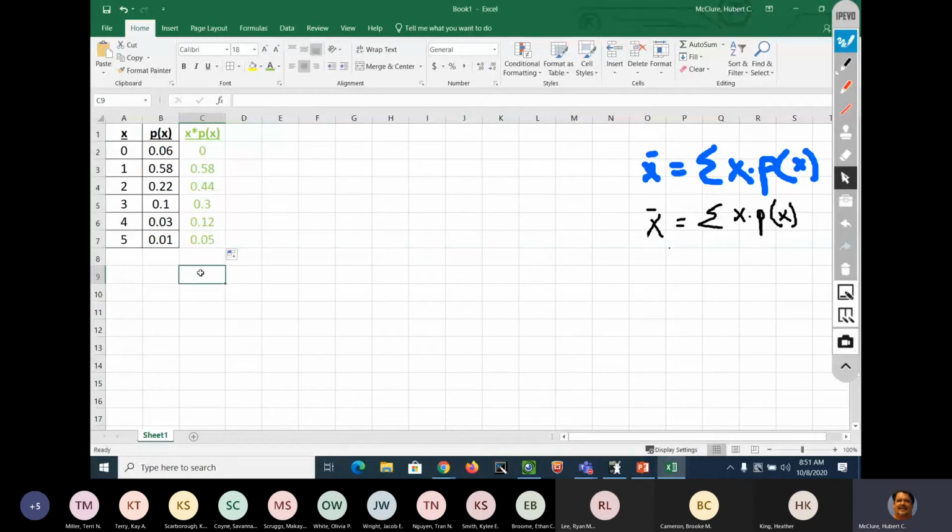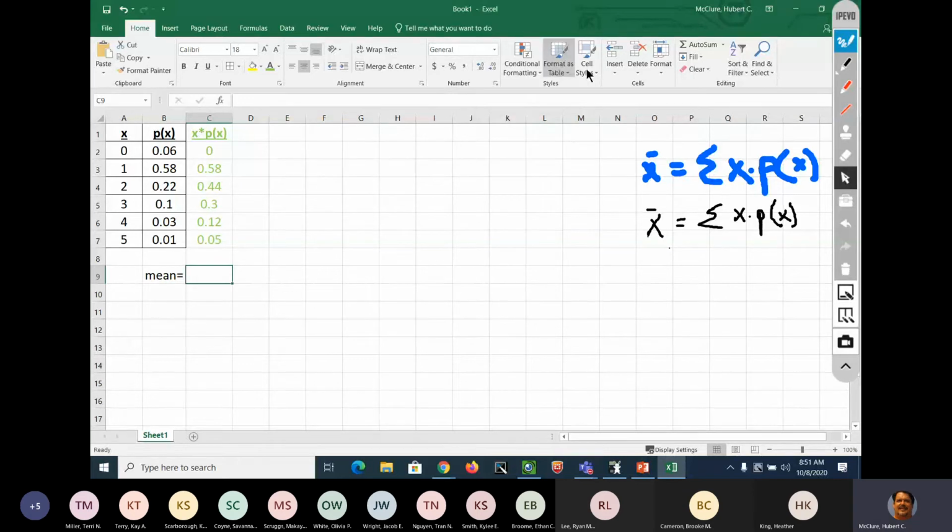And then we're going to add that up, and we're going to call that the mean is equal to the summation of all those numbers. And you feel good about yourself.